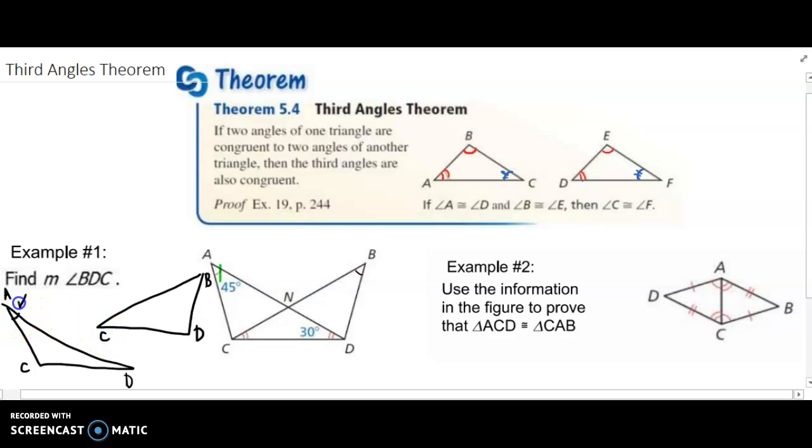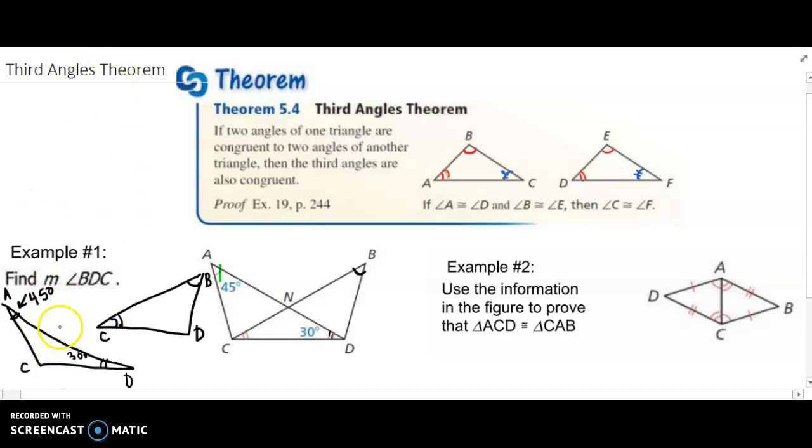So A is 45 degrees, and notice that this has the same marking, so I'm going to mark it and mark it. Now this D here is 30 degrees, and the C has the same markings as that.